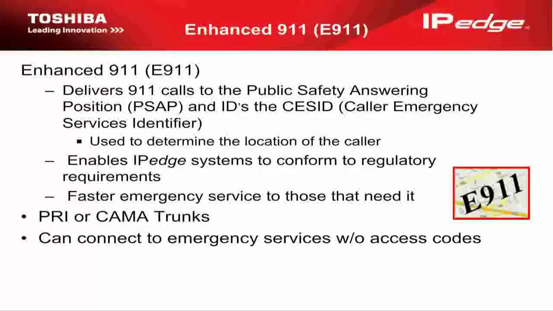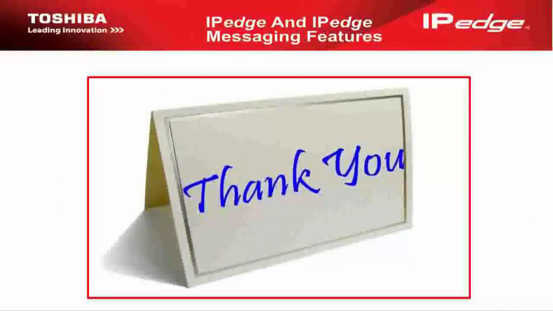The agency responding to the 911 call gets location information that makes it easier for them to find the right location within the facility. This provides faster emergency service to those needing it. In many locations, E911 also includes the ability to connect to emergency services by dialing 911 without any access codes.